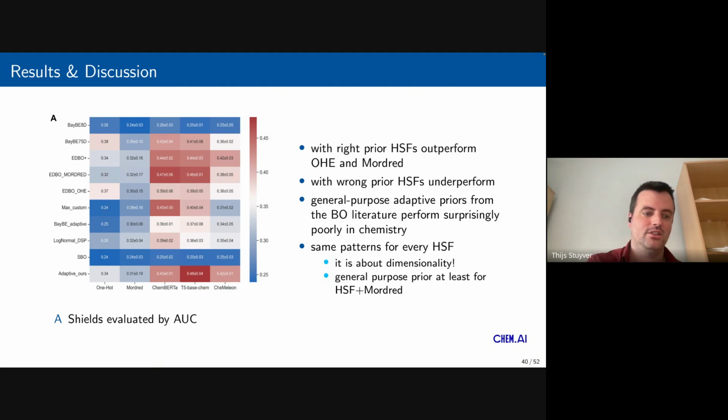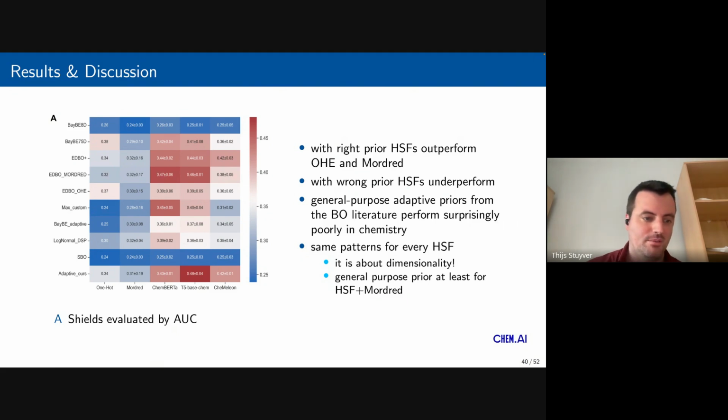And then on the y-axis, you have all of the different hyperpriors. So adaptive hours, that is the one that we worked on, that we propose. And then the other ones, they either come from existing packages, or they come from other sources in the literature.